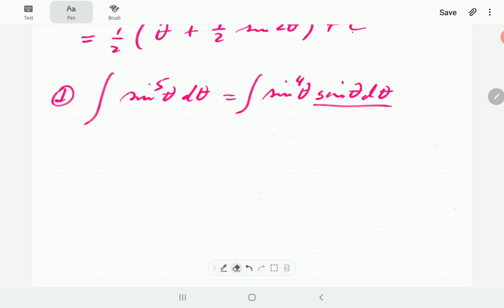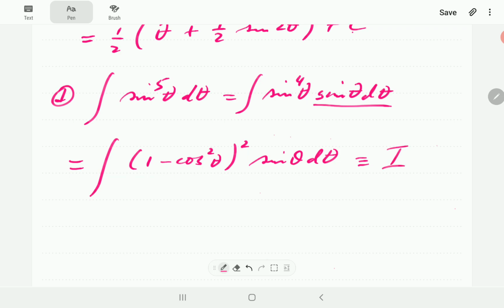So using the fundamental identity of trigonometry, we know that sine squared is 1 minus cosine squared. So this sine to the power 4 is going to be 1 minus cosine squared, all squared, because sine to the power 4 is sine squared squared.